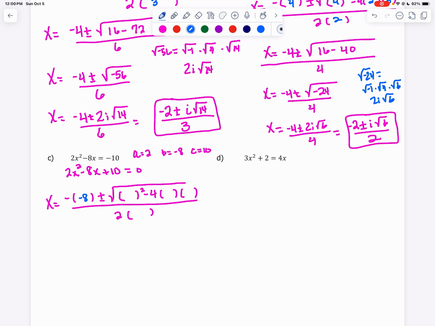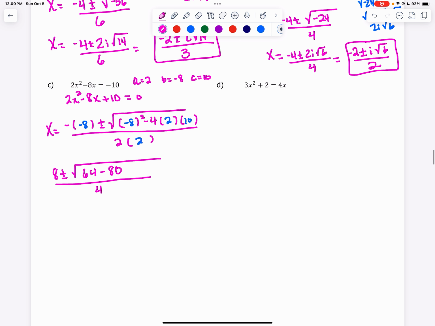Put our B's here, our A's here, and our C here. So the opposite of negative 8 would be positive 8 plus or minus 64 minus 4 times 2 is 8. 8 times 10 is 80 all over 4.